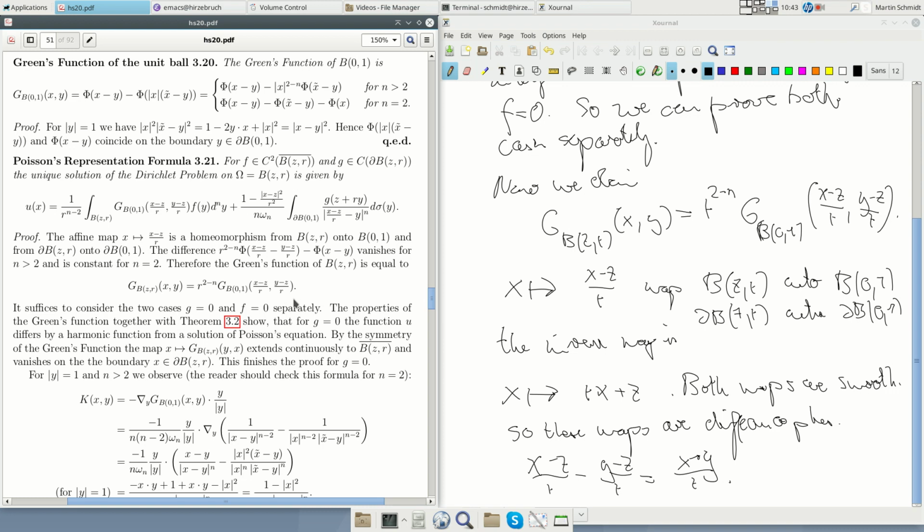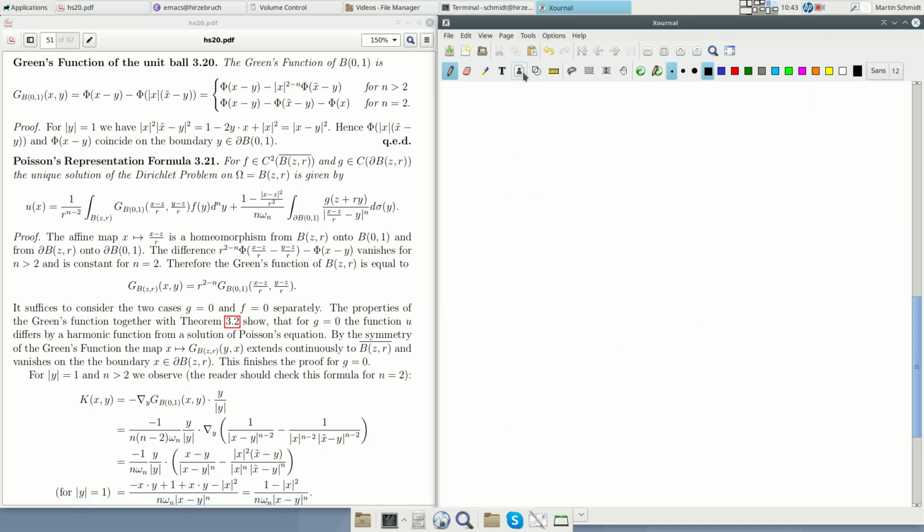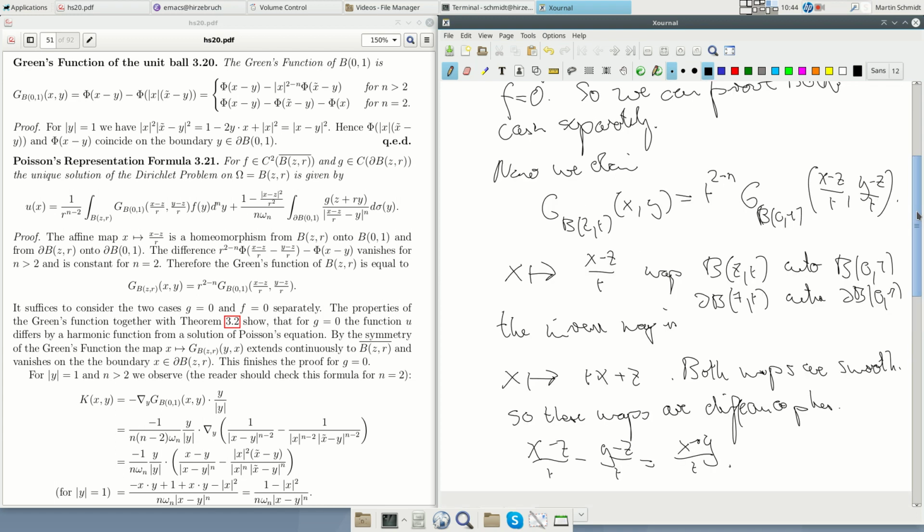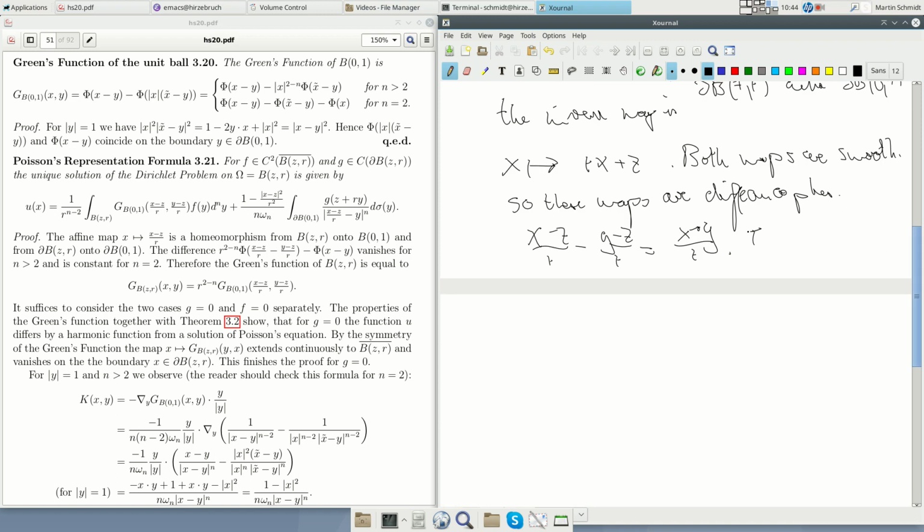So this immediately follows now from our definition, from these two properties. The Green's function gives this. So this proves the claim.